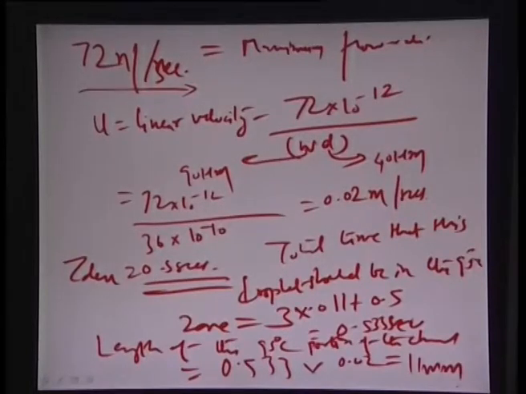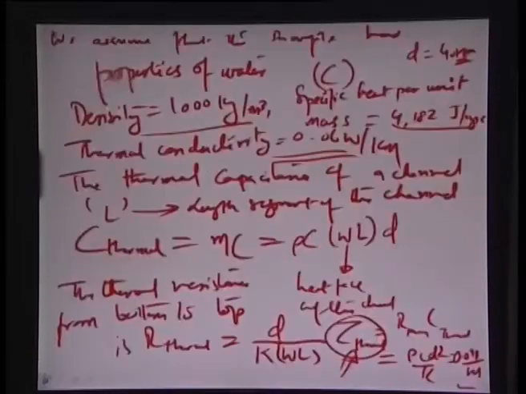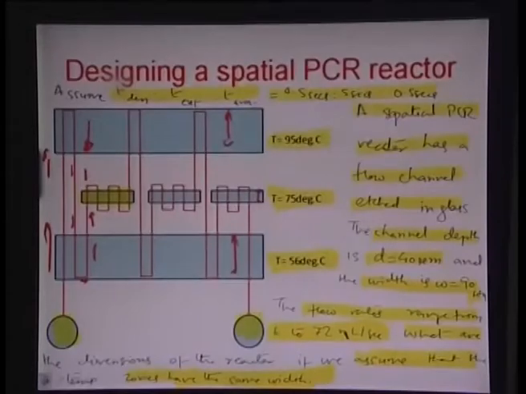Okay, and since we were actually talking about a flow in this denaturation zone which is twice the length, the length becomes equal to 5.5 mm.